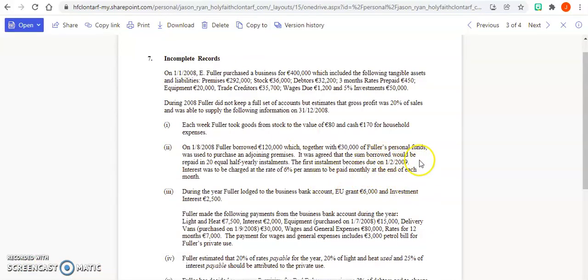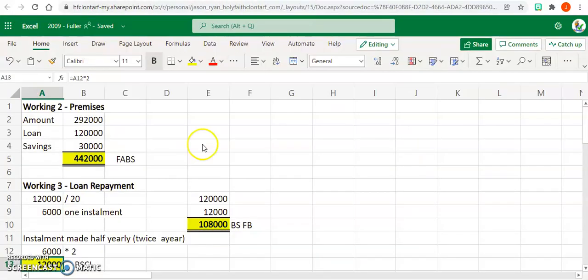So remember, this first installment is going to be paid back on the 1st of February, 2009. So it's due within 1 year. So that's why it goes into our current liabilities. And then we're going to reduce our principal by 12,000 because we would have had 12,000 paid. So our loan left then is 108,000 and that goes into your balance sheet in your financed by section.